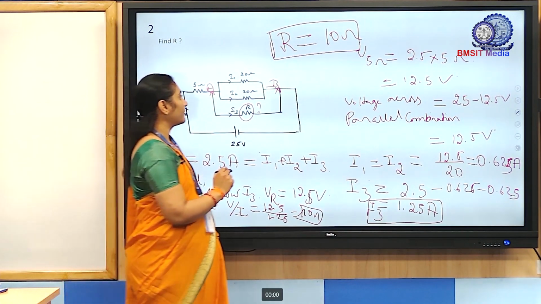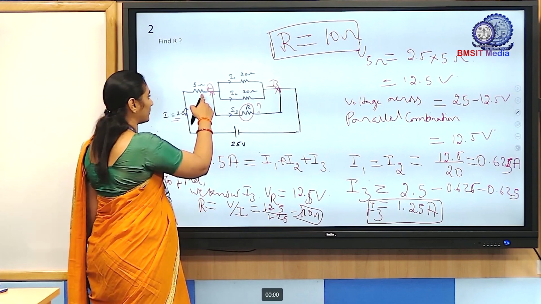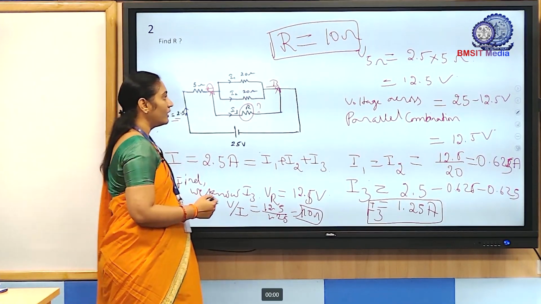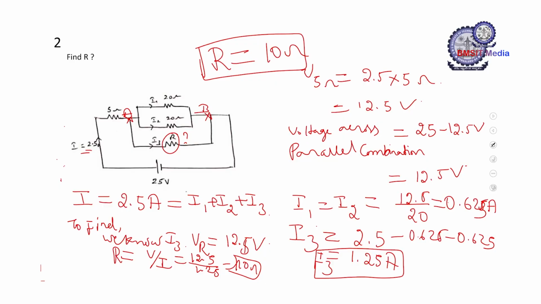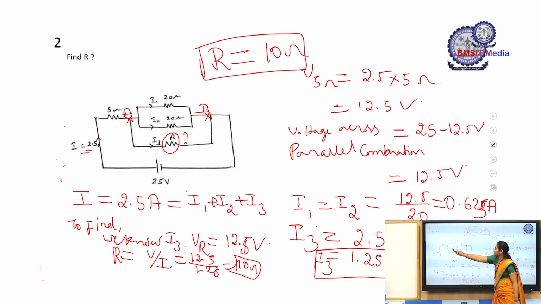First we need to find the voltage across this parallel combination, that is between terminal A and terminal B, which is equal to 25 minus 12.5 volts. How did we get the 12.5?